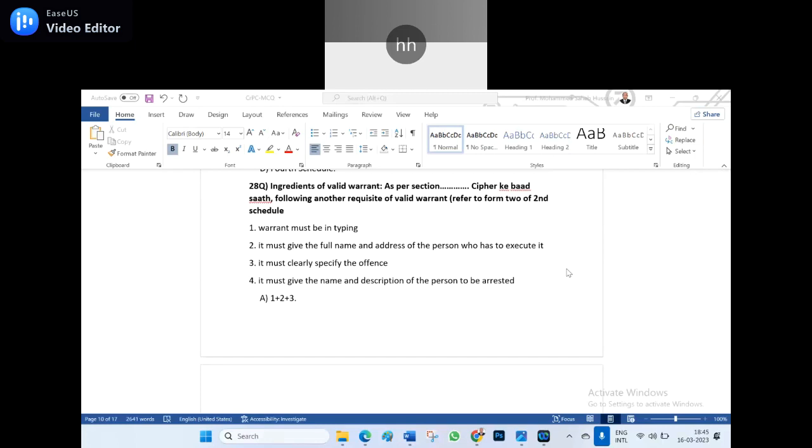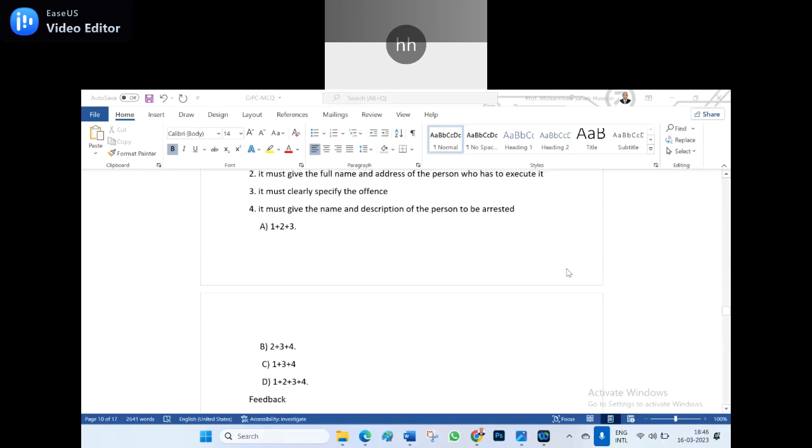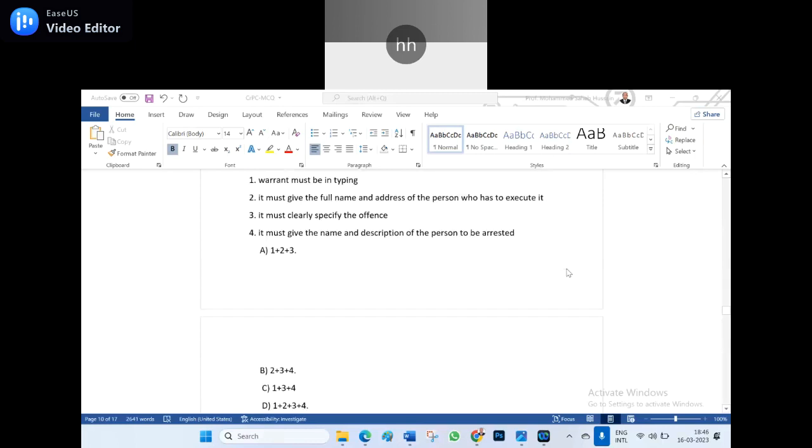Number 3, it must clearly specify the offense. 4, it must give the name and description of the person to be arrested. Options: A, 1 plus 2 plus 3, B, 2 plus 3 plus 4, C, 1 plus 3 plus 4, D, 1 plus 2 plus 3 plus 4. Shoot, which is the right answer?